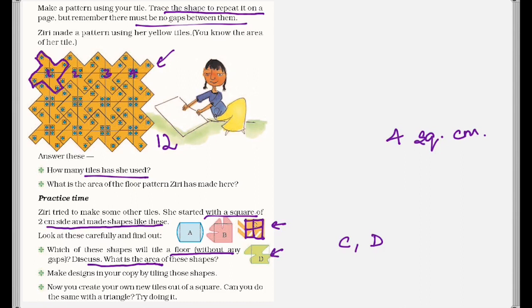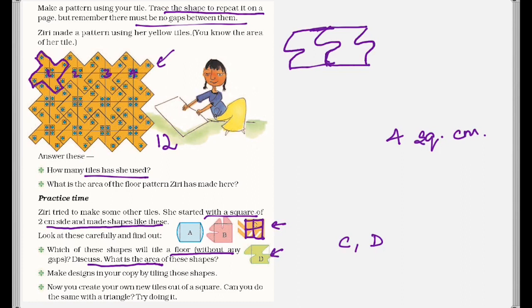So if you see, this is one of her tiles which looks like this. I'm drawing it for you. Now if we put another piece of tile like this over here, it forms a perfect pattern.